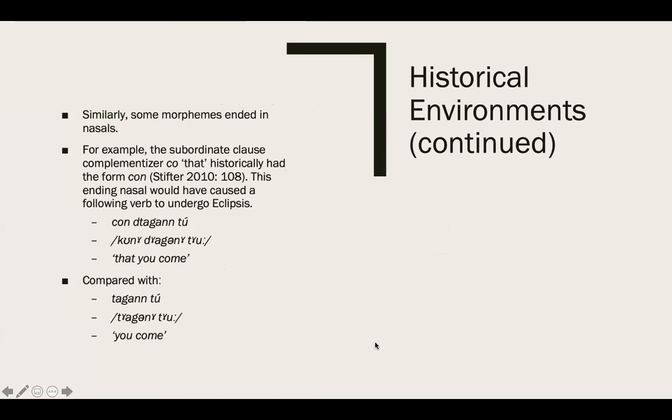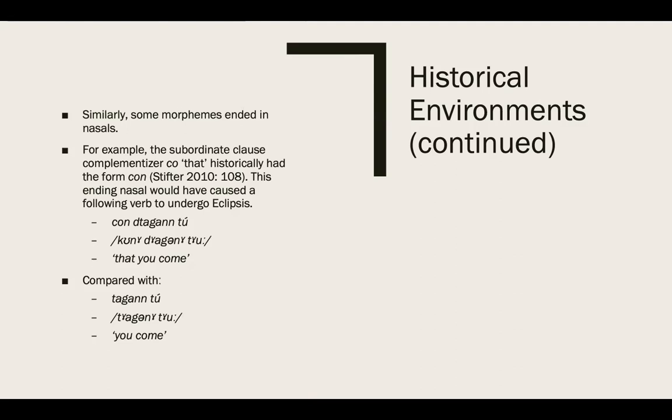Furthermore, for eclipsis, these environments would have been after a nasal. So I took the example from Stifer 2010, which is a part of the Blackwell published book on the Celtic languages. And I took the example of the complementizer k, which had a historical form kun.